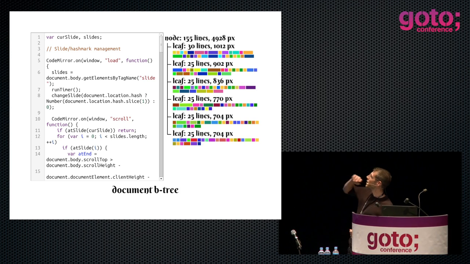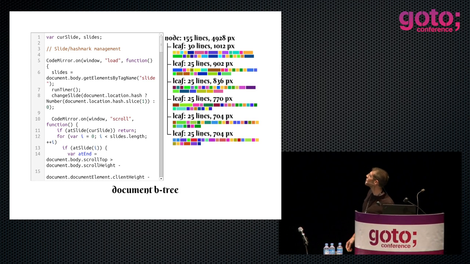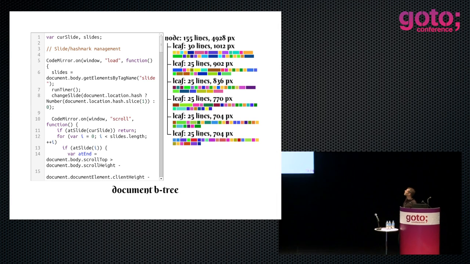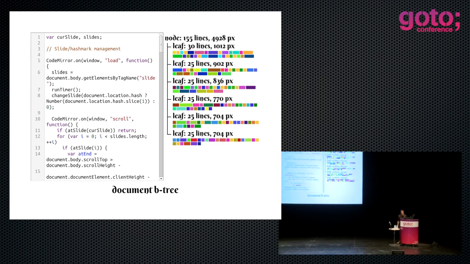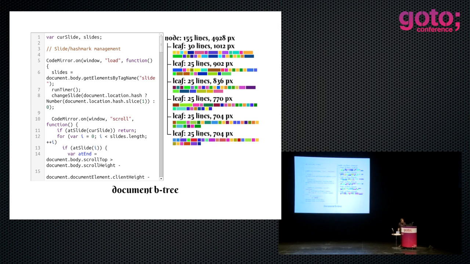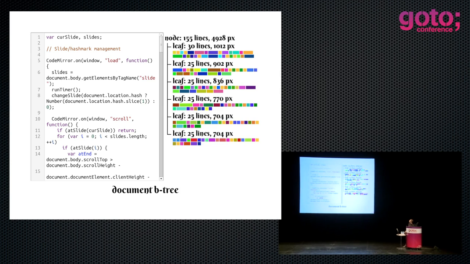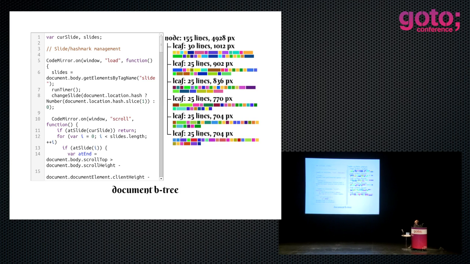Here you see a CodeMirror instance on the left, and a visual representation of the document tree on the right. So here, this is a document with 155 lines, height of 5,500 pixels about. The tree has only a depth of 1, so the root node contains a bunch of leaves.